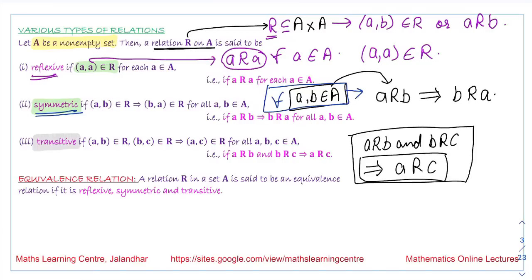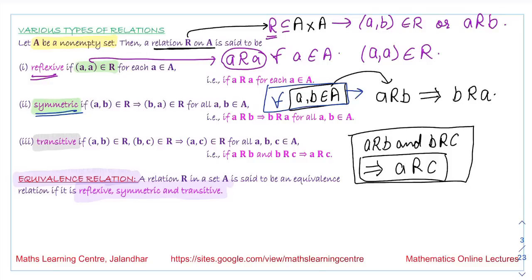These definitions will be more clear to you with the examples that we are going to do after these definitions. And the last definition on this slide is the equivalence relation. We are saying a relation is said to be an equivalence relation if it is reflexive, symmetric and transitive. That is, it satisfies all these three properties.